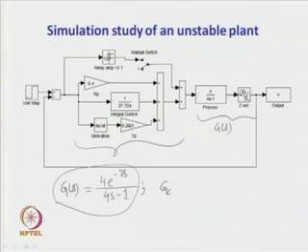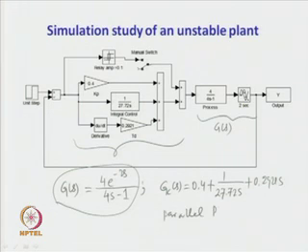Next, the controller dynamics can be given by GCS is equal to 0.4 plus 1 upon 27.72 s plus 0.2921 s. So, we have got a parallel PID controller in the loop.